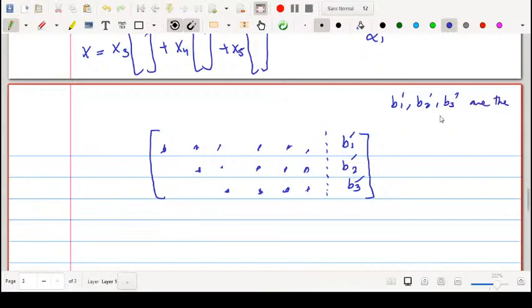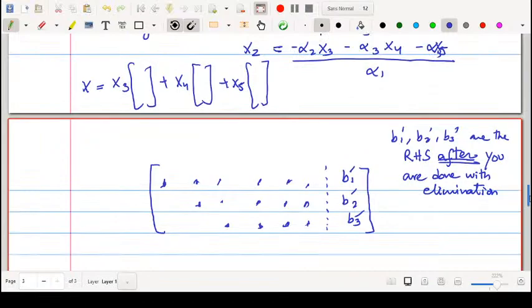They are the right-hand side after you are done with elimination. I showed you in the last lecture that when you're doing elimination, these right-hand sides also change because you've augmented the right-hand side with it. But now, can I ever have a situation where I can't solve these equations? It doesn't seem like that, right? Because it seems like I'm not getting these problematic rows.